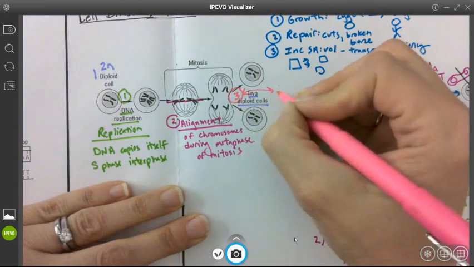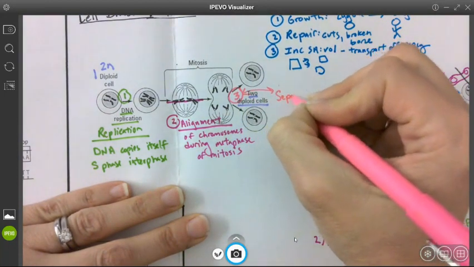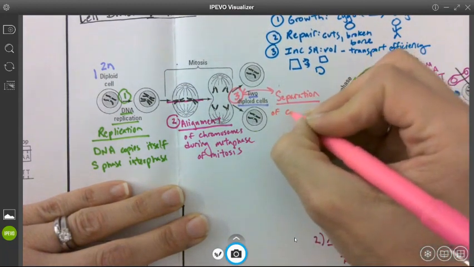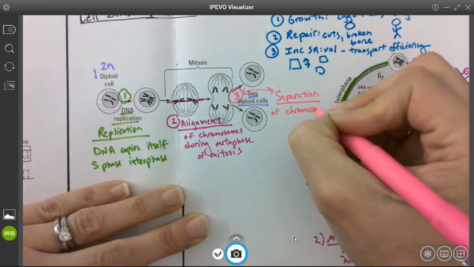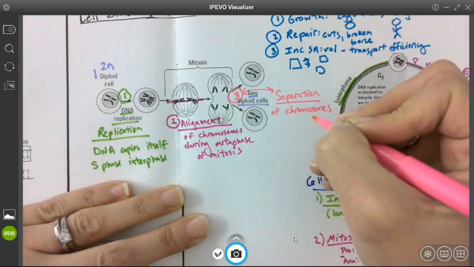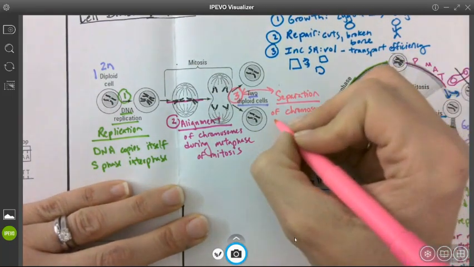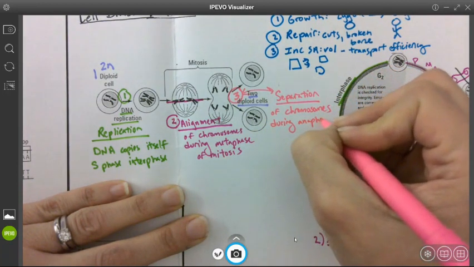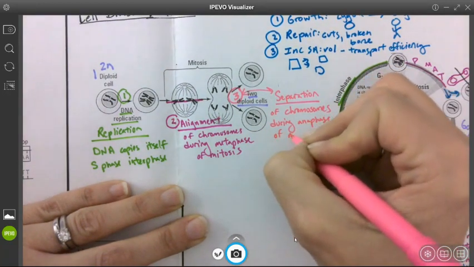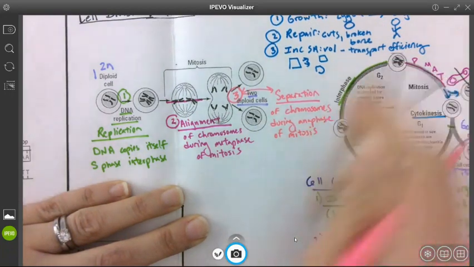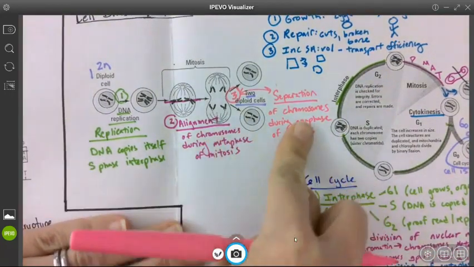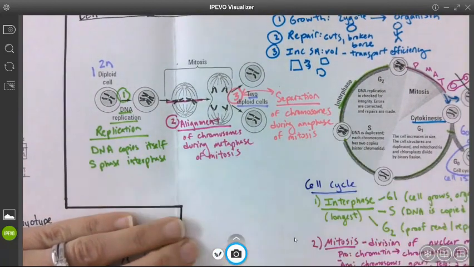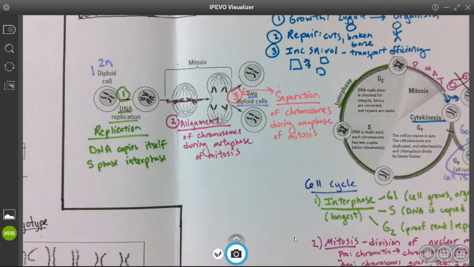Our third checkpoint is separation of the chromosomes during anaphase of mitosis. So once again, these are kind of the checkpoints we're going to talk about in the next video, which is about how the cell controls the cell cycle control.